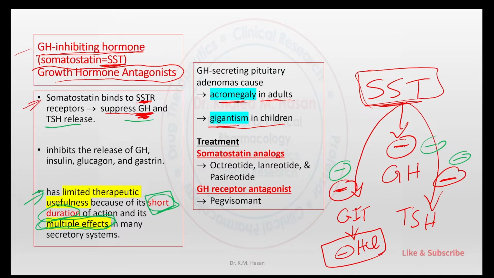Clinical use: we use SST for patients suffering from acromegaly in adulthood or to treat gigantism in children. We are going to share some slides with you regarding this issue.